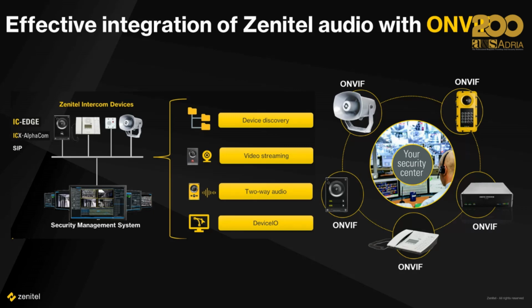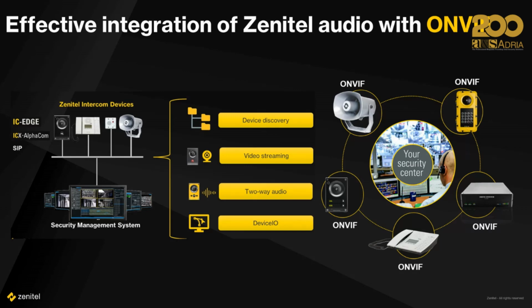These 4 interfaces can be integrated with any security platform that supports them. The purpose of this webinar is not to go through the details of these individual interfaces, but I'm going to highlight some of the features that we can enable using this open standard over OnWave.